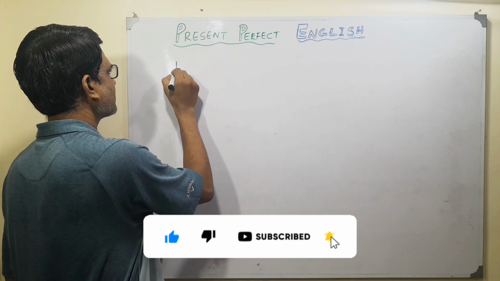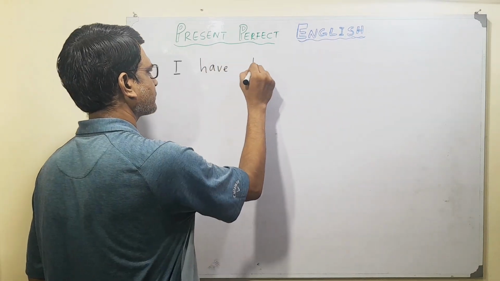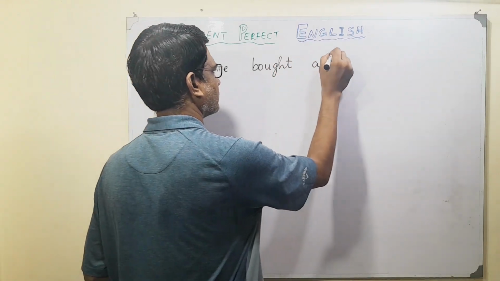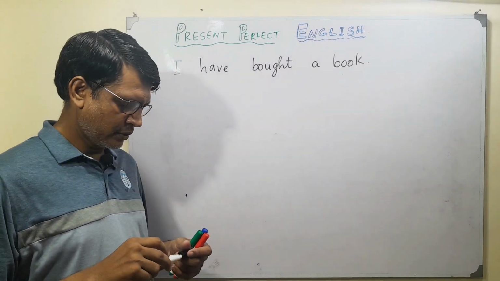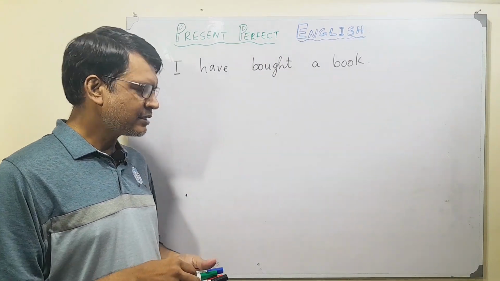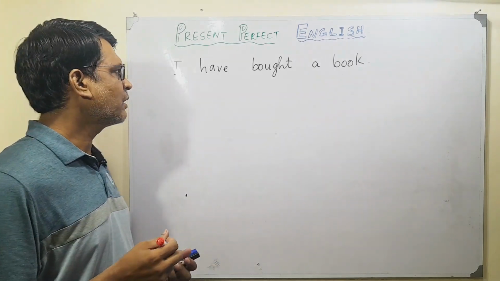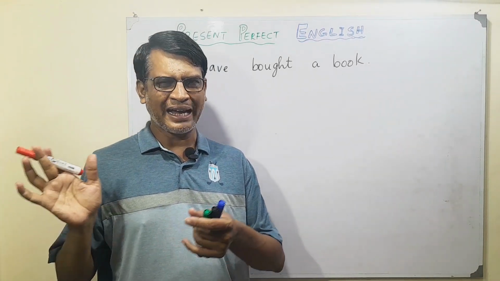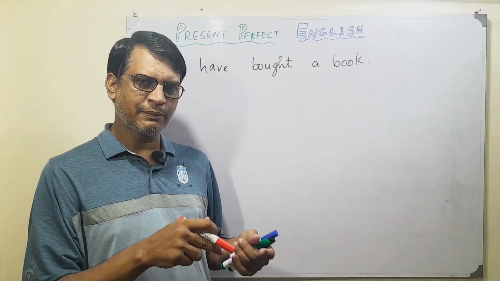For example, I can say, I have bought a book. Okay. I have bought a book. This is a particular structure which is talking about that I did an action and that action has an effect in the present.